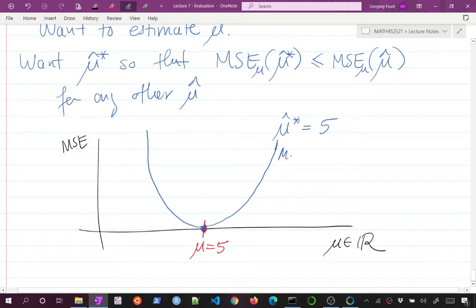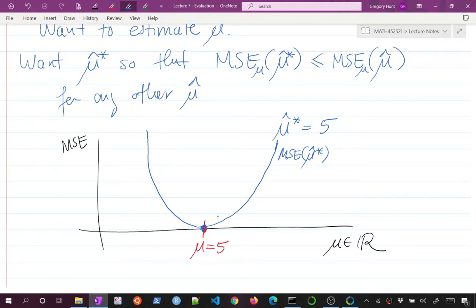So this MSE of mu hat star is going to blow up as I move away from that. However, at 5, if the truth happens to be 5, just repeating 5 over and over is a great way of estimating. So this is obviously a dumb estimator. Just saying 5 regardless of the data is dumb.